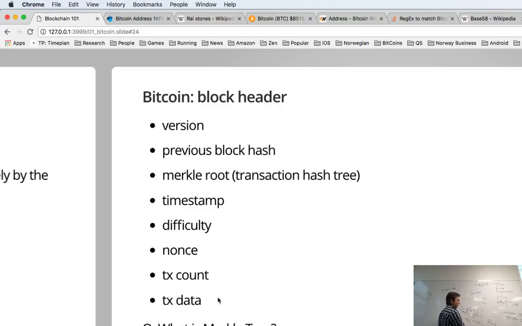So the difficulty controls how many zeros are at the beginning of the hash of the block. And the first miner who discovers that hash with a particular nonce announces it to the network and says, okay, I have the new block, which is attached to the previous block, which hashes the transactions and has particular properties.